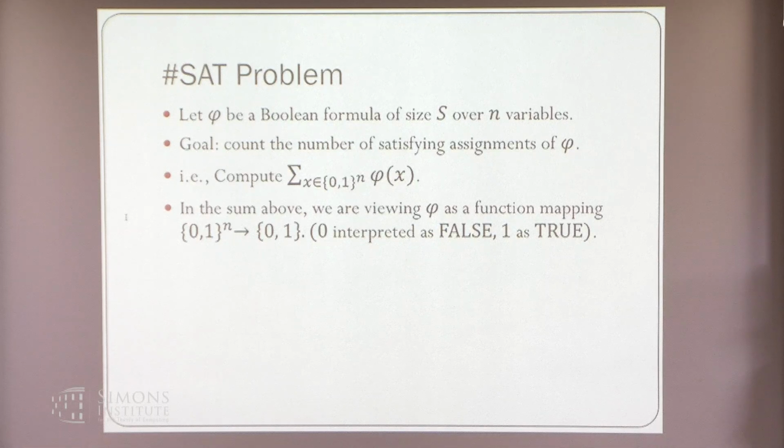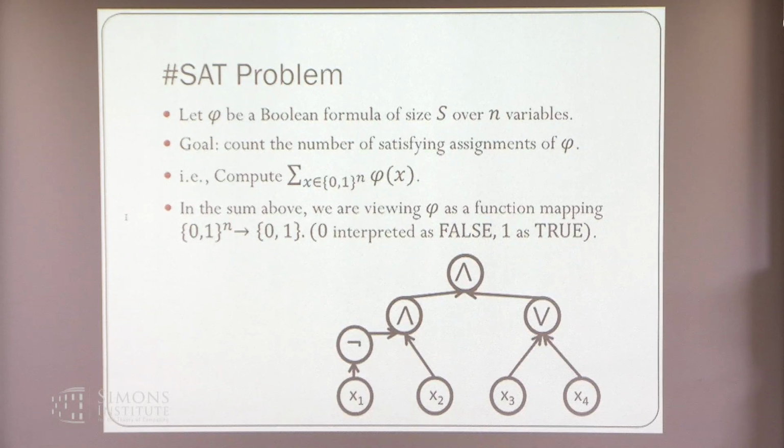Does the problem make sense? Okay, so that is our goal. And this should look a little familiar because we're summing up some function's values over all Boolean inputs. We've seen something like that recently.